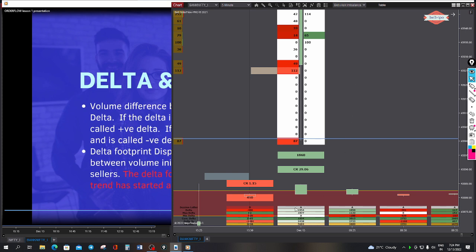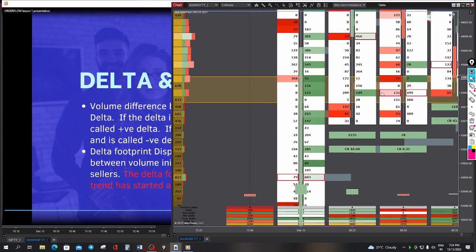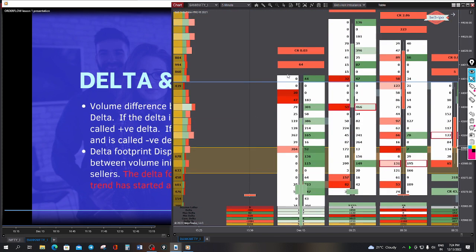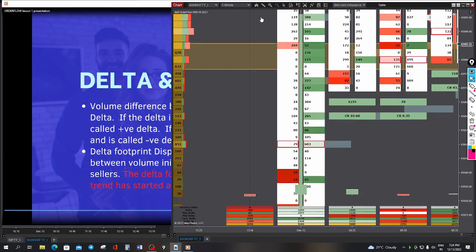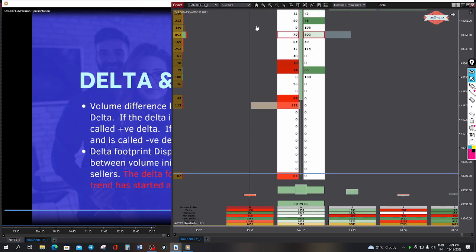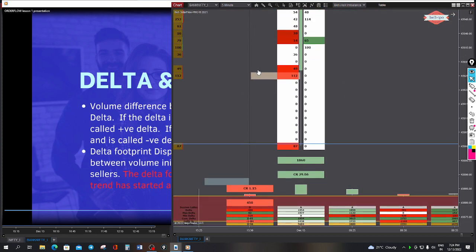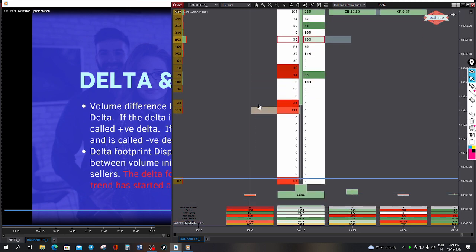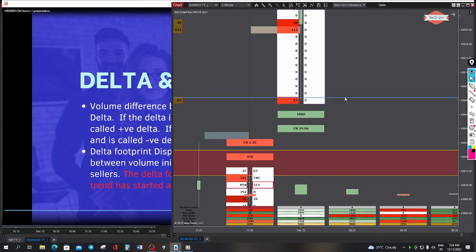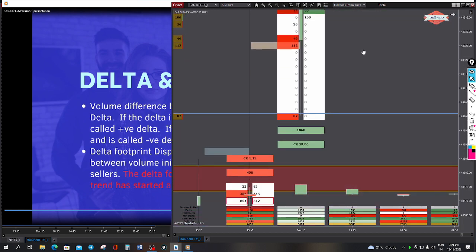This is a positive delta. This is the buying delta, and this is the selling delta, the seller's delta. So buyers minus sellers is equal to 1954.